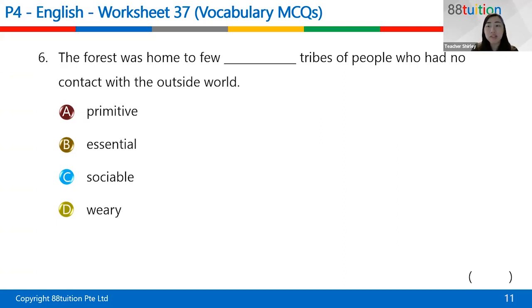Okay, the first question for vocabulary: primitive. Now, I think I'll write down the meanings for all these words. If you don't want to copy down, it's fine because we're still going to share it. Primitive means that we are actually preserving something that is historical, something that is characteristic of an evolutionary stage.